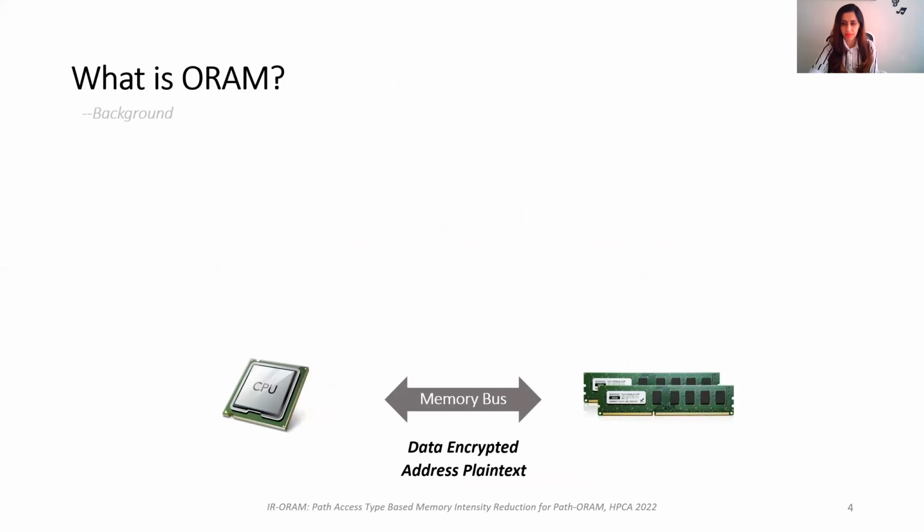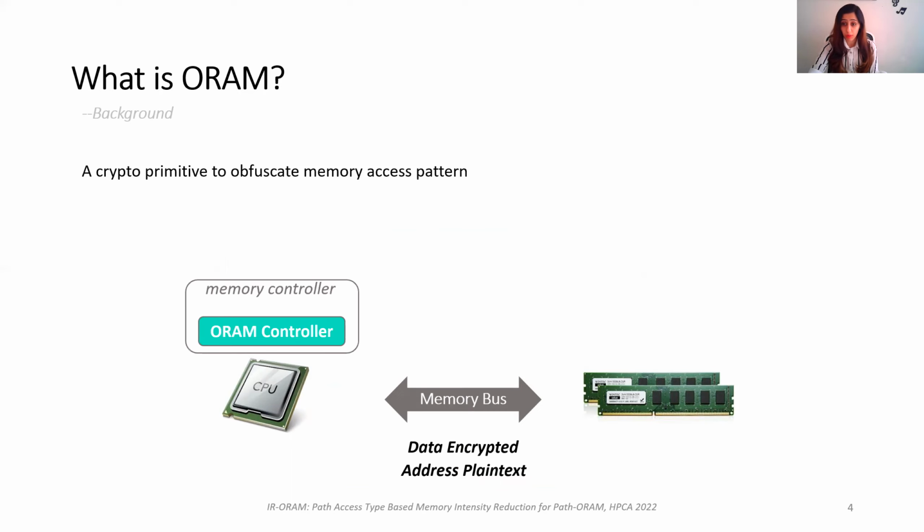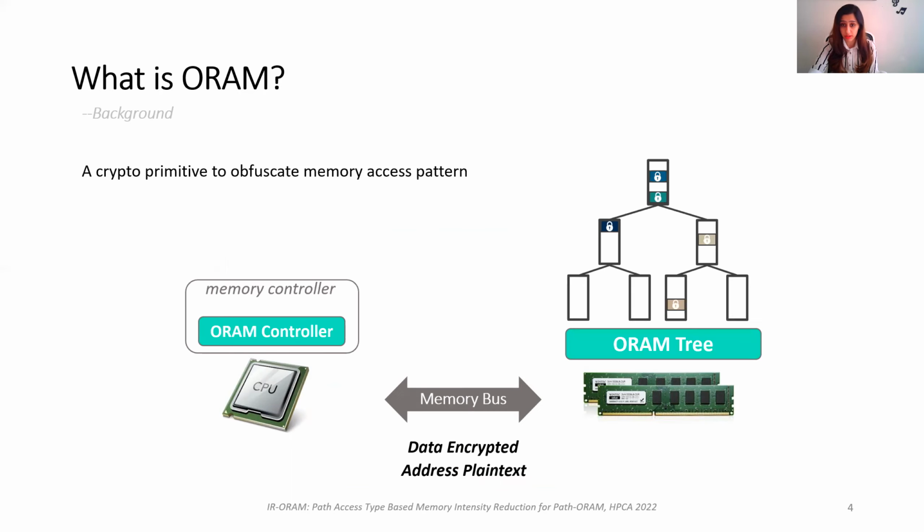What is ORAM? ORAM is a crypto primitive to obfuscate memory access pattern. The ORAM controller is located in the memory controller. ORAM organizes the memory blocks in a tree structure in the memory DIMMs. The ORAM tree maintains the data encrypted and permuted across the memory.